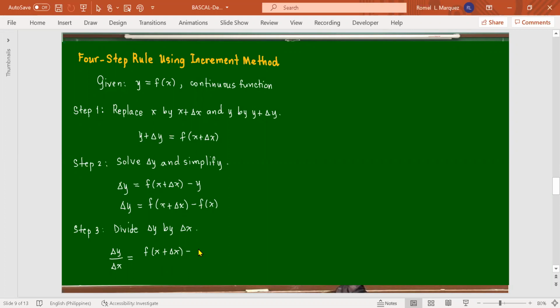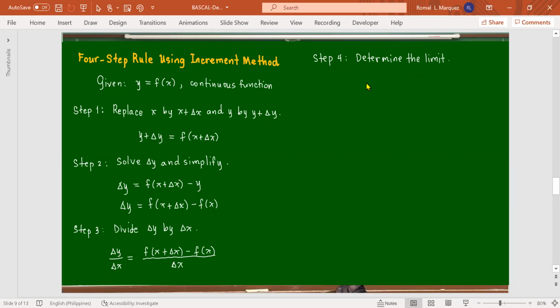Average rate of change over delta x. And then step 4, you have to get the limit. Determine the limit.